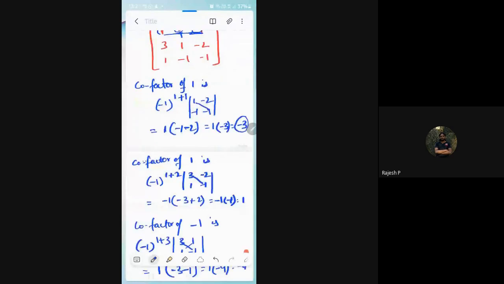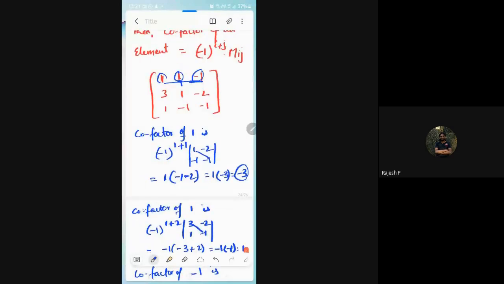Sir, i means the row. For whatever element we are finding the cofactor, i is the row in which that element exists. For example, now I am doing the cofactor for 3. Tell me, this is in which row? Second row, so i is equal to 2.